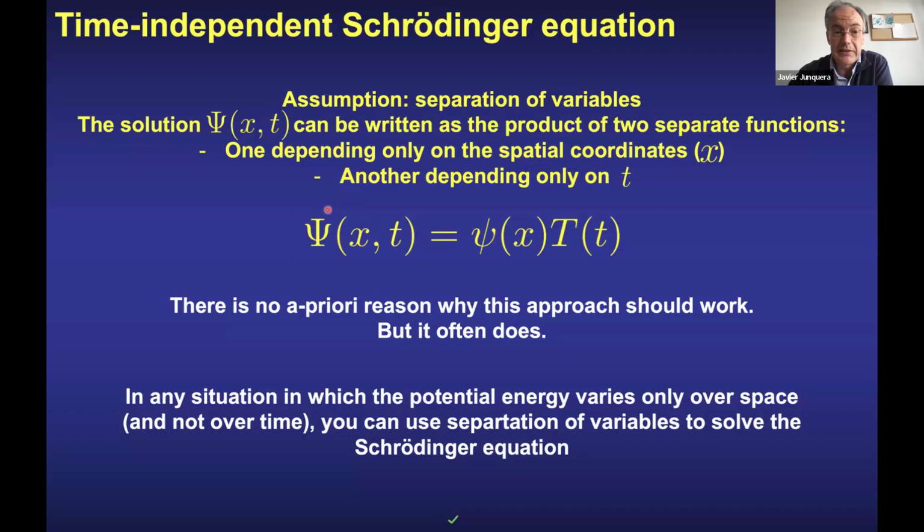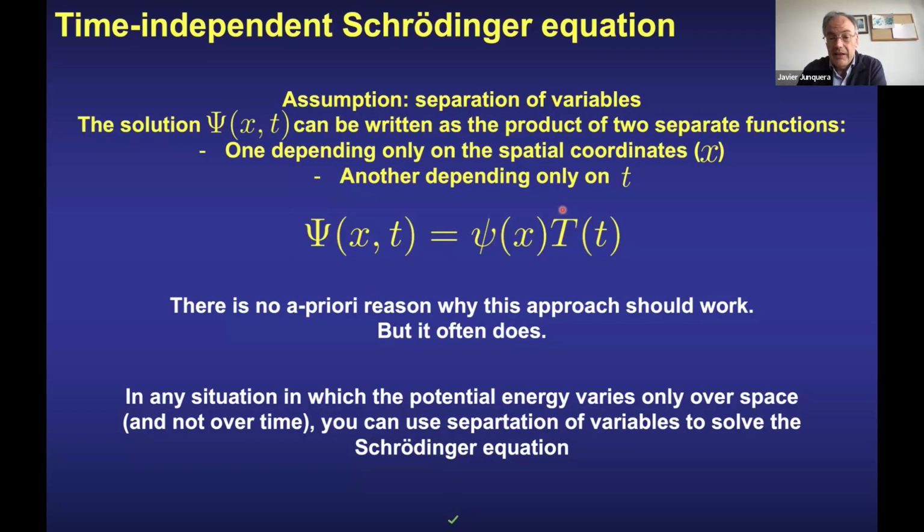So we can just split this wave function into the product of two functions. One of them will depend only on the position, and the second one will depend only on time, okay? In principle, there is no a priori reason for doing this. However, we are going to be able to do this separation of variables when our potential does not depend explicitly on time.